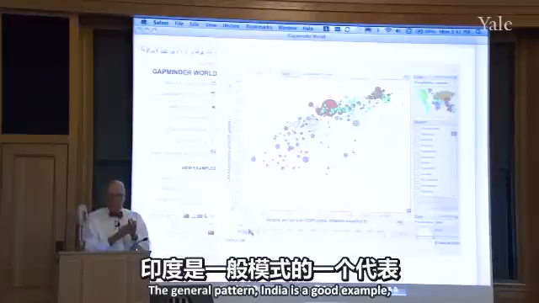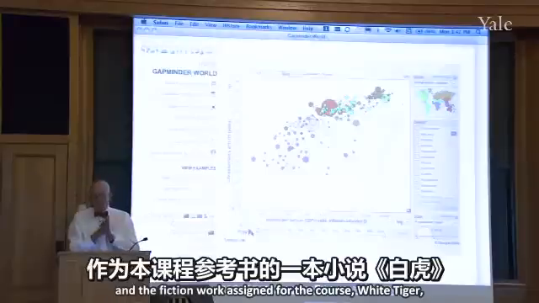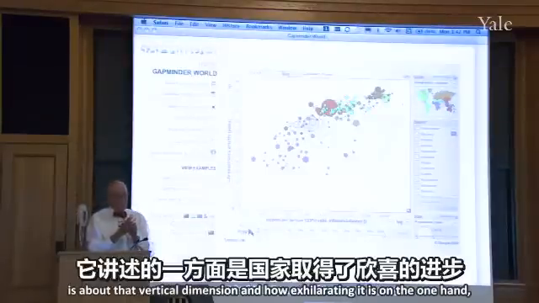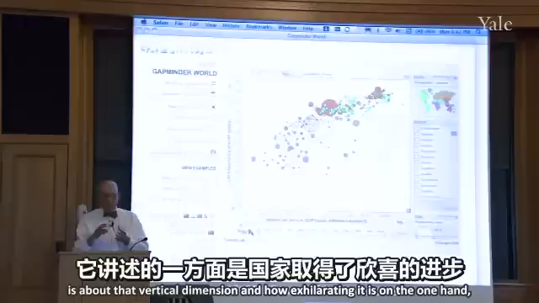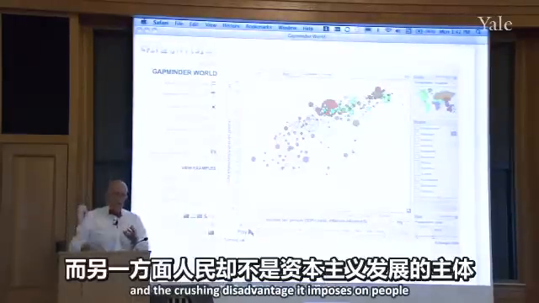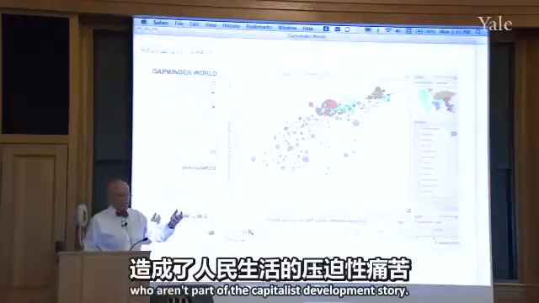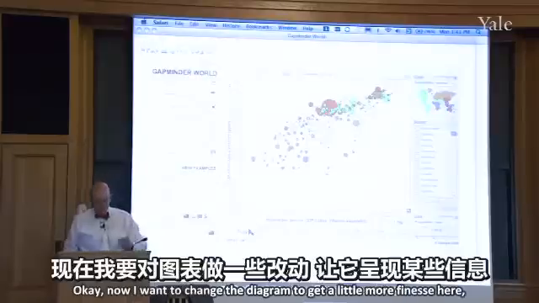The general pattern, India is a good example, and the fiction work assigned for the course, White Tiger, is about that vertical dimension and how exhilarating it is on the one hand, and the crushing disadvantage it imposes on people who aren't part of the capitalist development story.